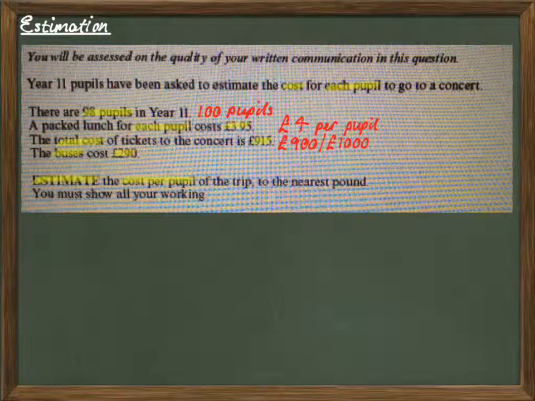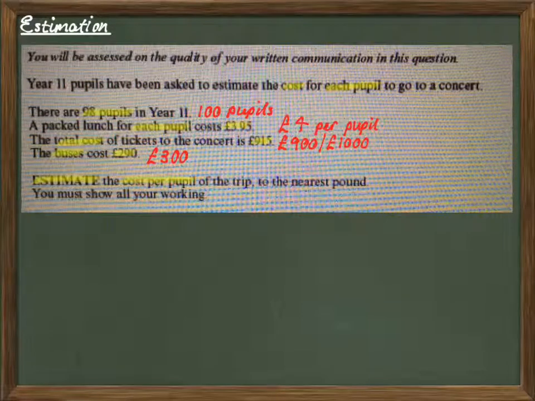So round it to numbers which are nice. You won't want to round that to 920 or 910 because that's still not that easy to work with, okay? So you can round to the nearest 100 if you're working with hundreds of pounds, or to the nearest pound if you're working with small amounts of money, just so that the numbers become easier. Last one, the buses cost £290. We're going to round that one nice and easy to £300.